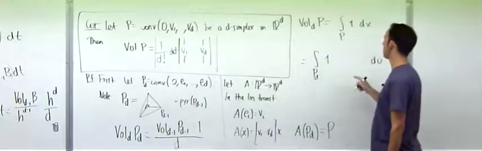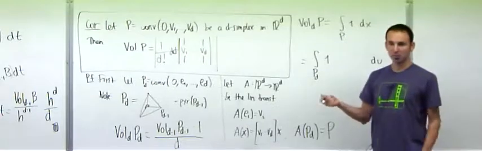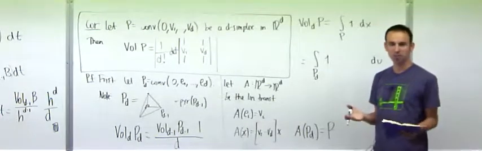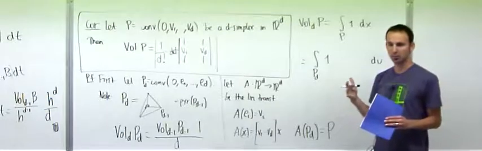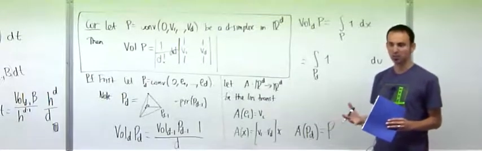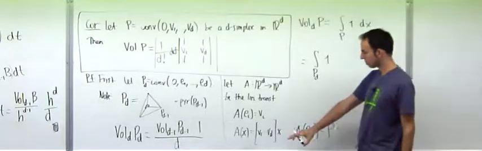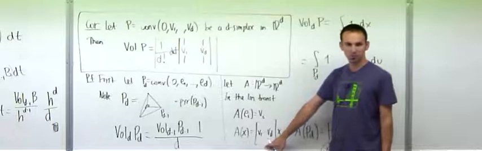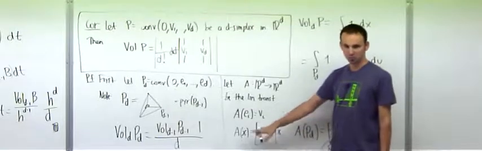Okay. But then you have to remember that when you do a change of variables in one of these multivariate integrals, you have to multiply by the determinant of the Jacobian. But in this case, the transformation is just this linear function, and so the Jacobian is just this matrix.